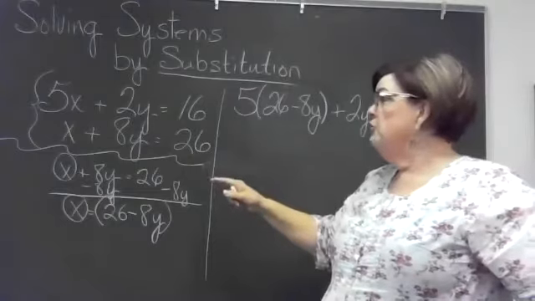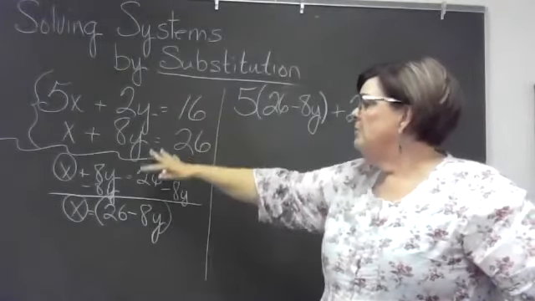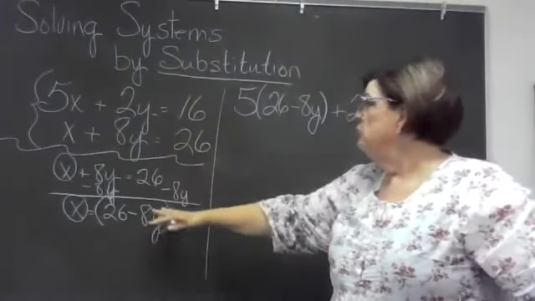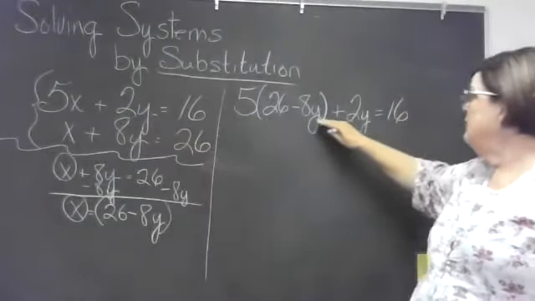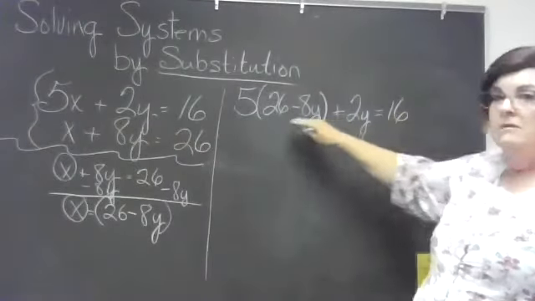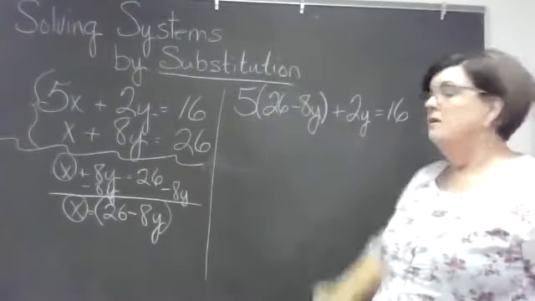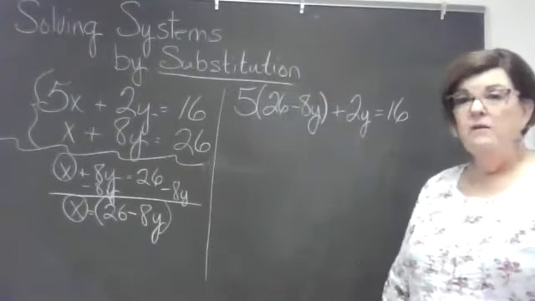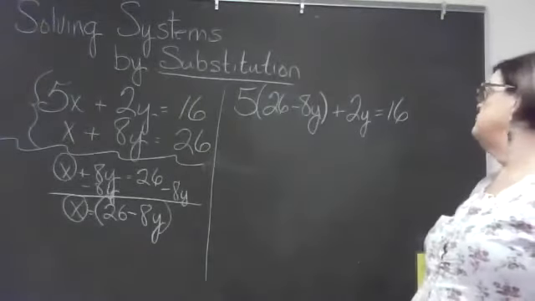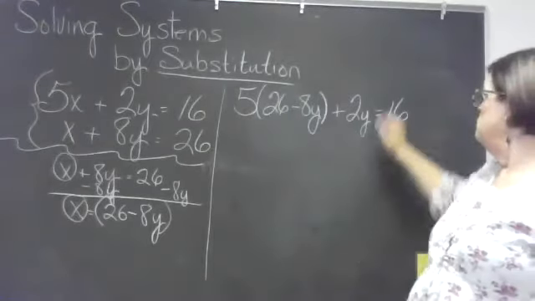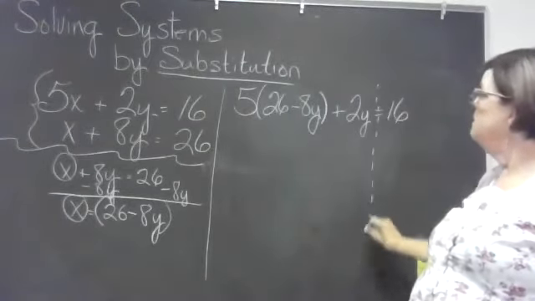So what we're going to do is manipulate this so that all I have now in the equation are just y's. And when I have just y's, now I can get y by itself and find out exactly what the answer to y is. So we're going to do the math here.